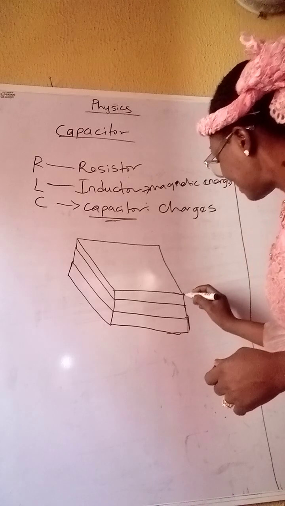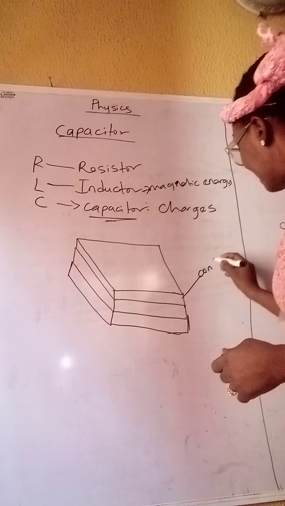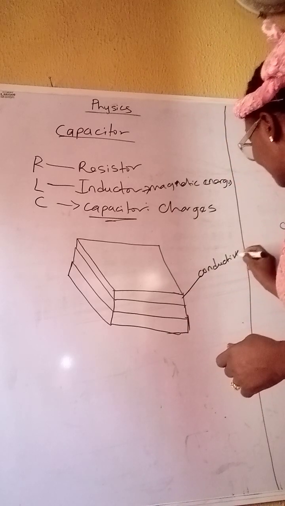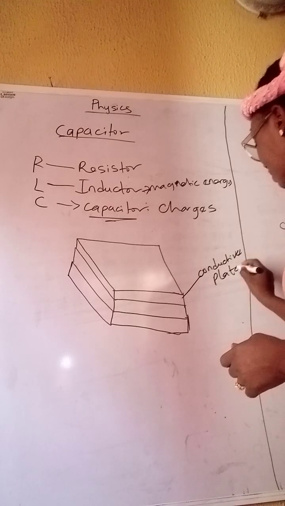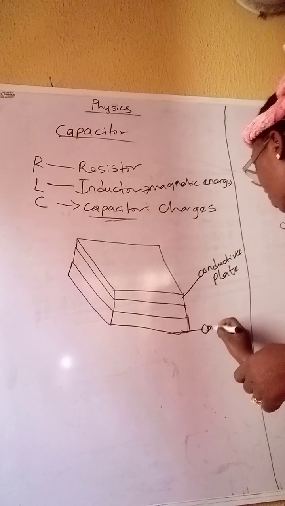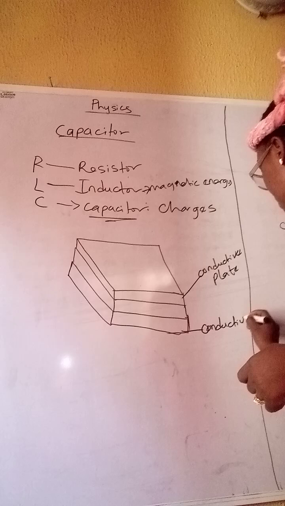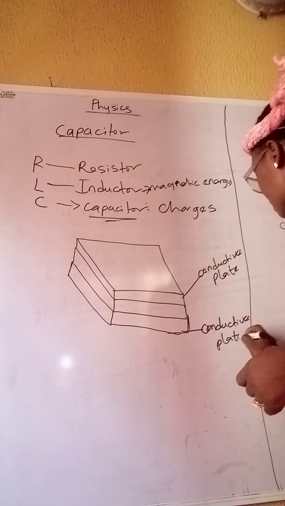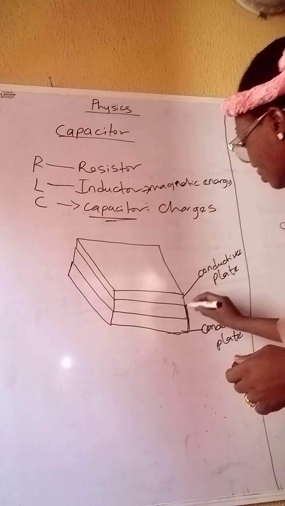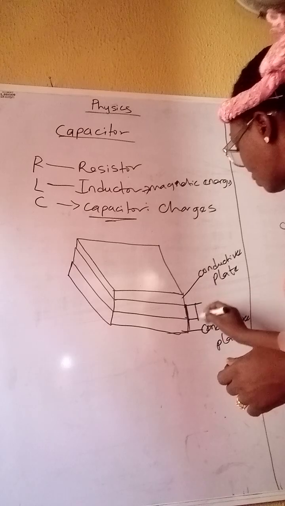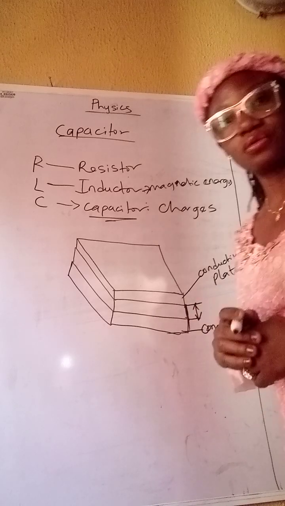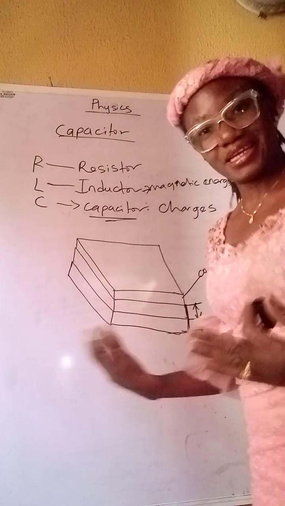So this first layer is a conductive plate. The last layer is another conductive plate. Then in between, this middle one is an insulator, or a dielectric.